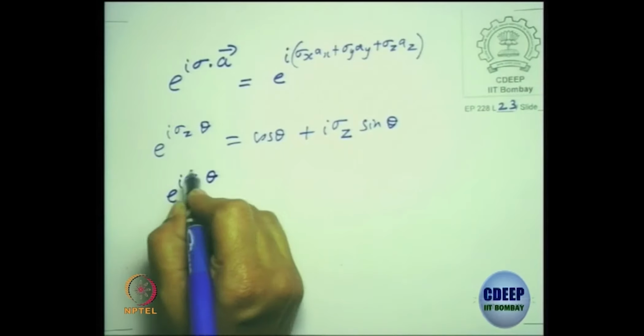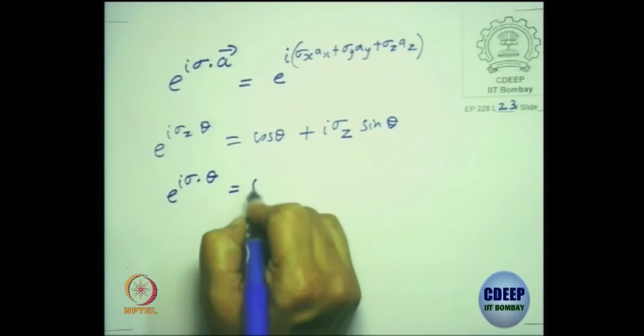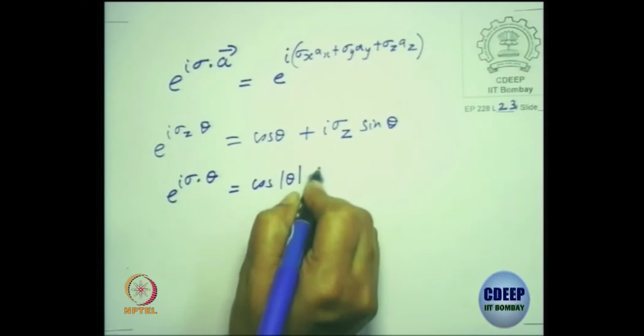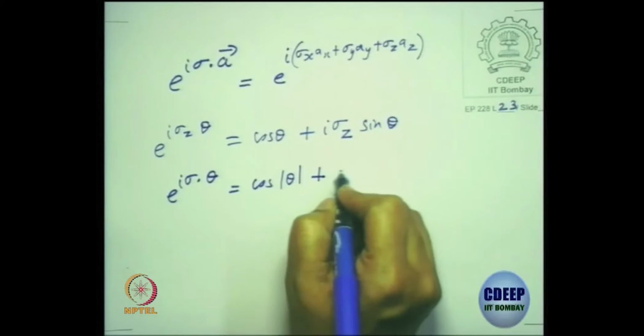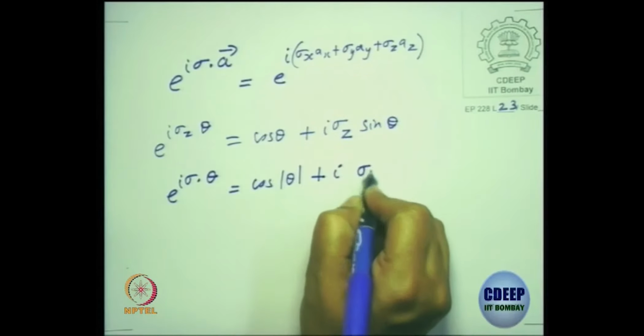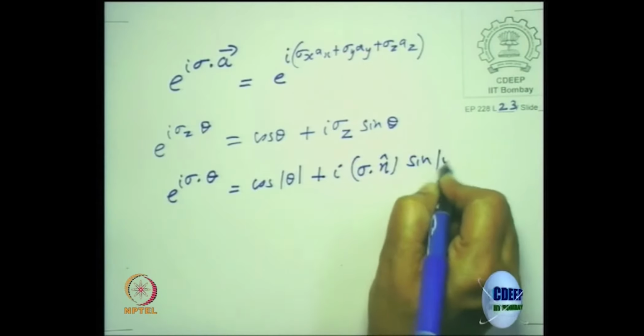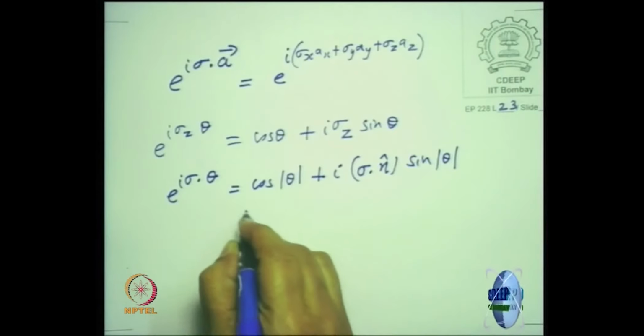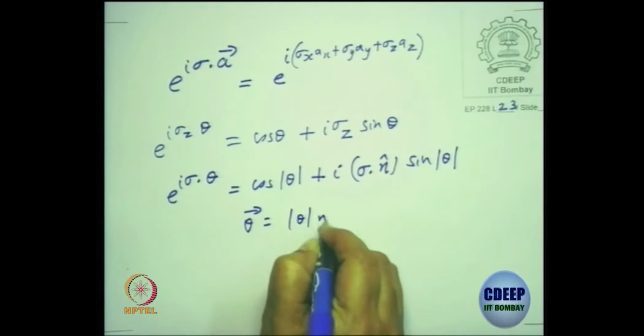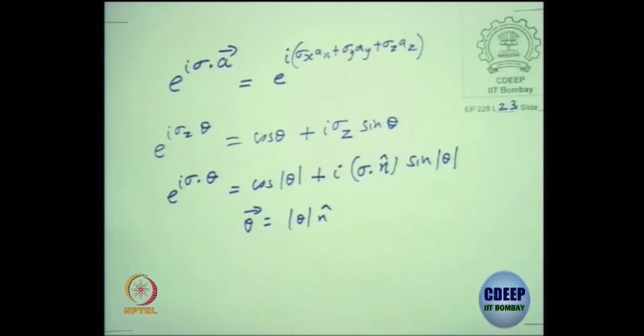Some theta vector if I had, I would have written this as cos of mod theta plus I sigma dot n hat sin of mod theta, where theta vector is just by inspection.